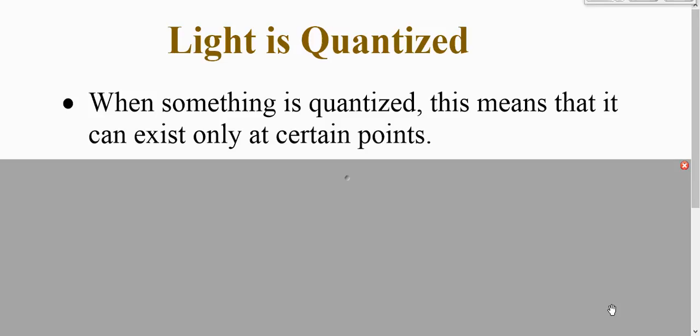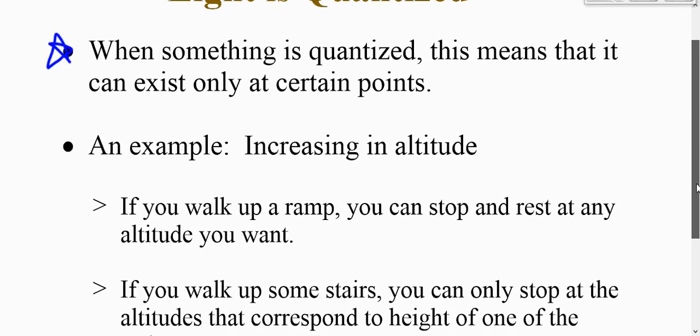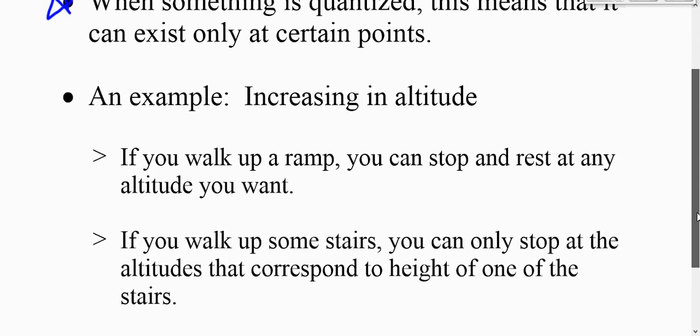And so this idea that energy is quantized, it's discrete, what that means is that it can only exist in certain points. And I think a good analogy for that is that it's like walking up or increasing in altitude. It's the difference between walking up a ramp versus walking upstairs.